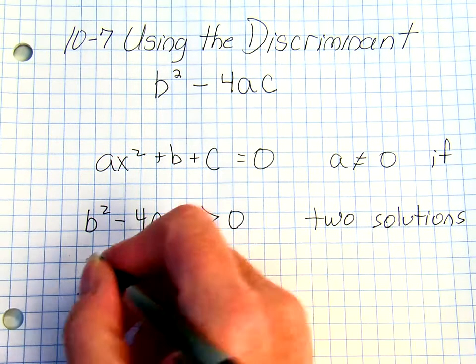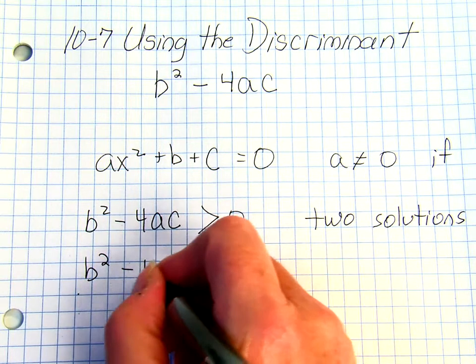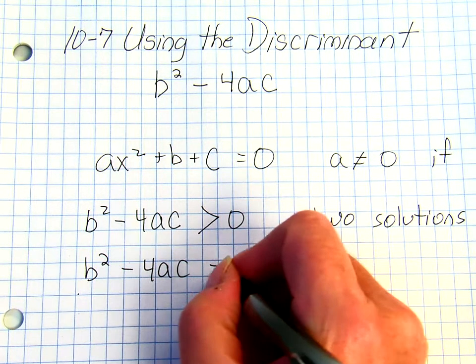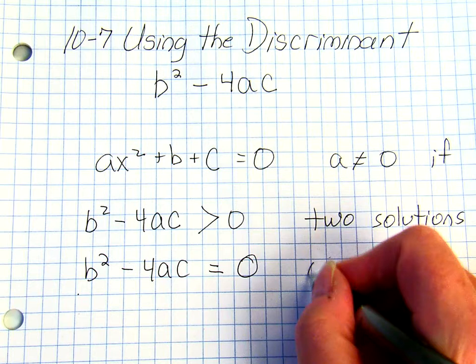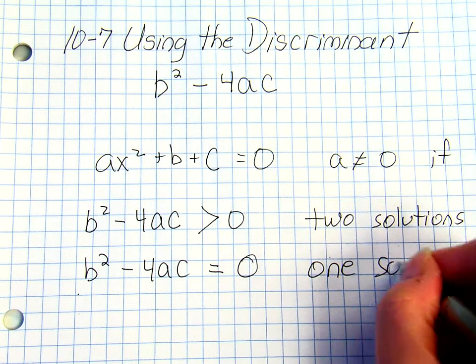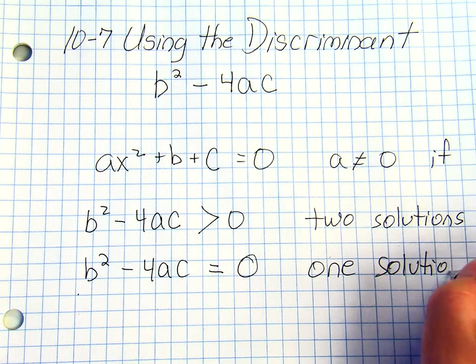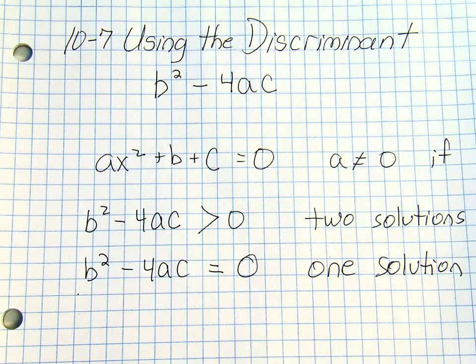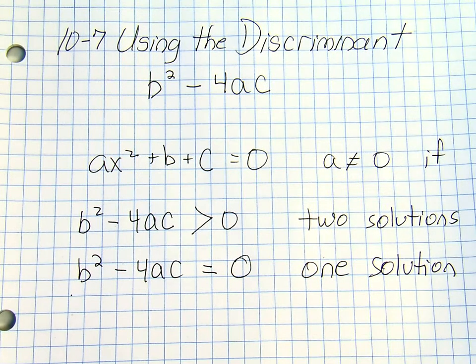Now, if b squared minus 4ac is equal to 0, there is one solution. And of course, as you remember from our graphing and from prior chapters, that one solution means that our vertex is sitting on that x-axis, whether it is a minimum or a maximum.